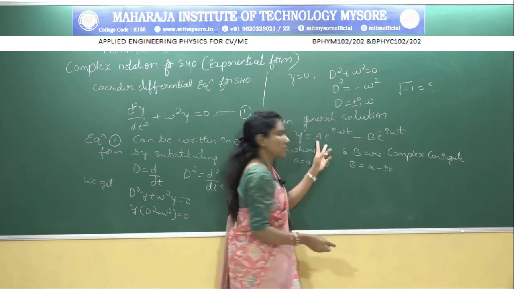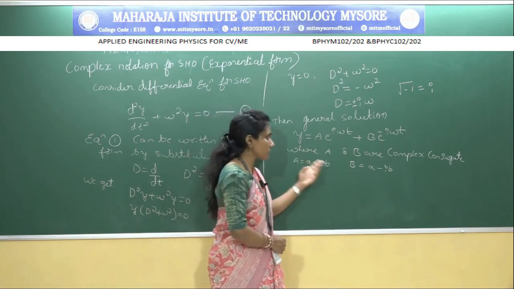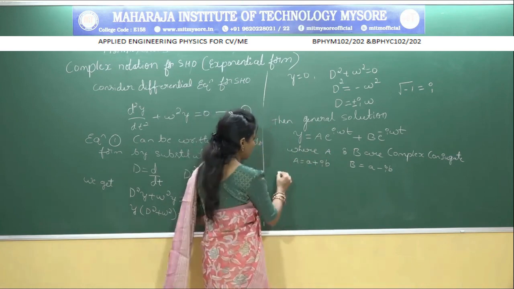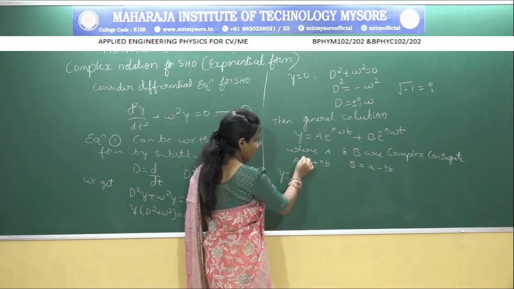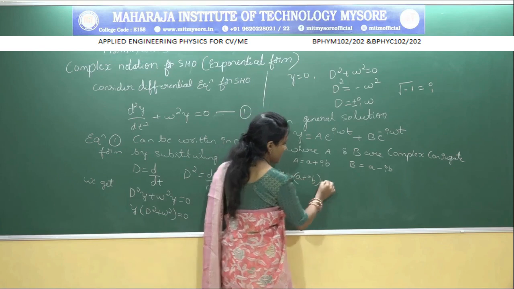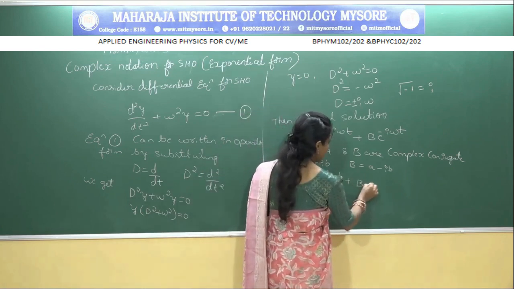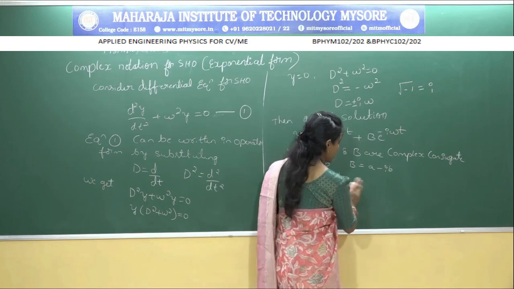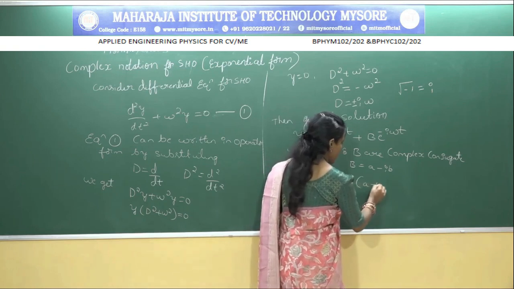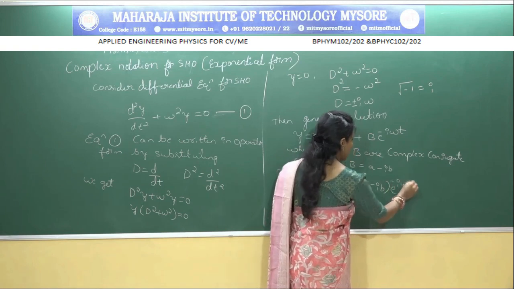If we substitute these values, then the displacement we get is in terms of real values. So y is equal to a plus ib into e to the power of i omega t plus a minus ib into e to the power of minus i omega t.